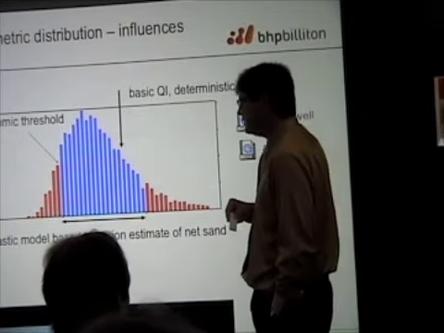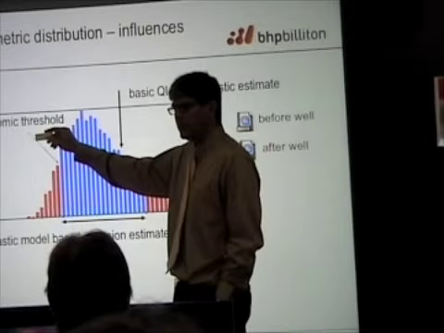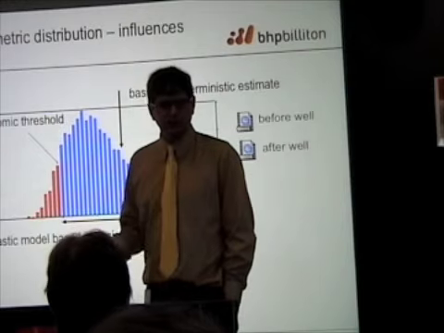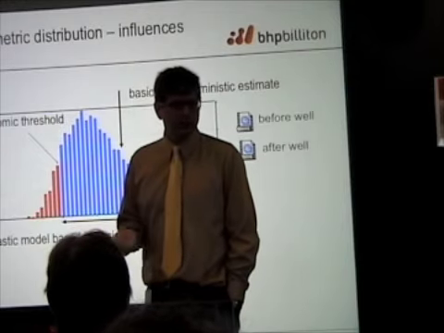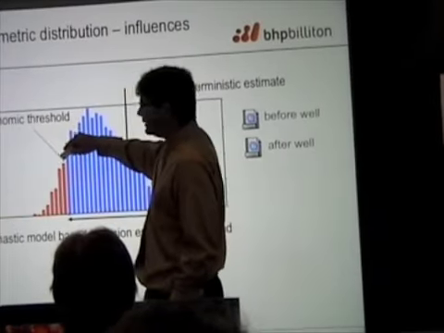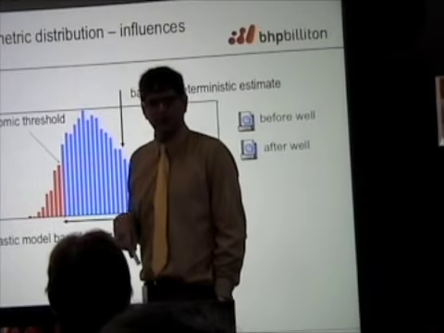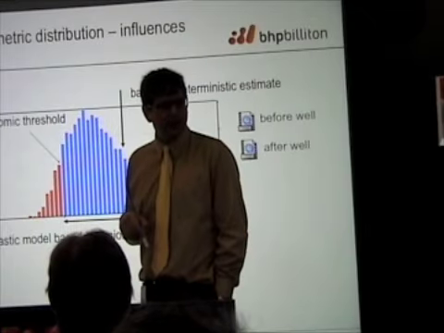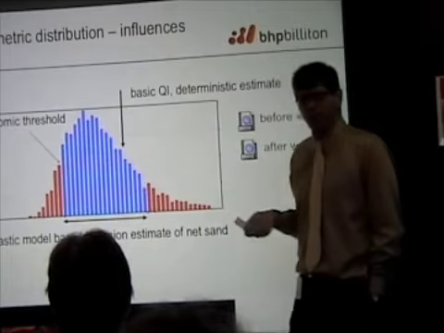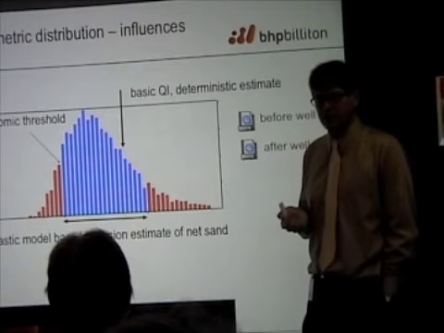Or many times managers will say, look, I want to make sure that if you look at the economic threshold where you can produce enough to recover your initial capital investment, I can at least break even on this project, with a fairly high probability of breaking even. And unless we have this particular distribution, there's no way that you can make those decisions.